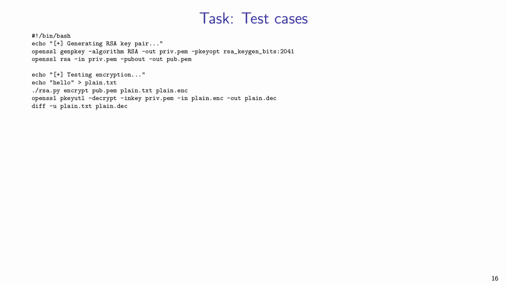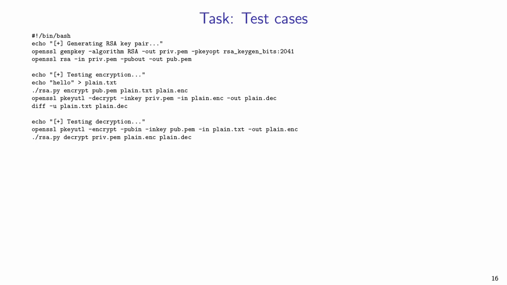Then we check if there are no differences between the original plaintext and the recovered plaintext, and there should not be any. To test decryption, we use OpenSSL pkeyutl to encrypt plaintext, and our RSA tool to decrypt what has been encrypted using OpenSSL. Again, the original and decrypted plaintext should match.